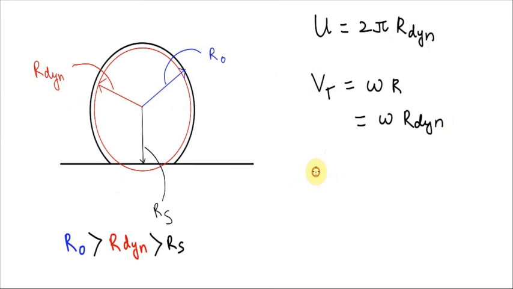So like our formula says, the value of slip will be the velocity of the car minus the velocity of the tire divided by the velocity of the car. This explains why slip is important, what its relationship is with the coefficient of friction between the tire surface and the road surface, and most importantly, which radius we need to consider when we talk about the tires, when we talk about the circumference of the tire.